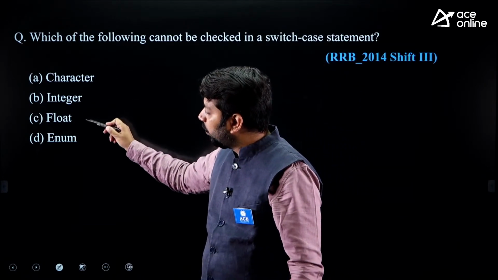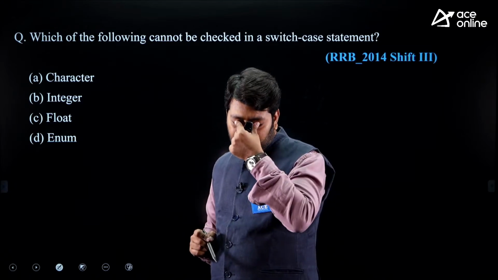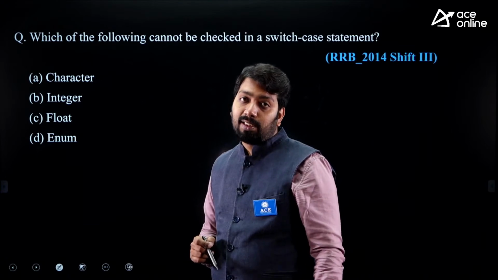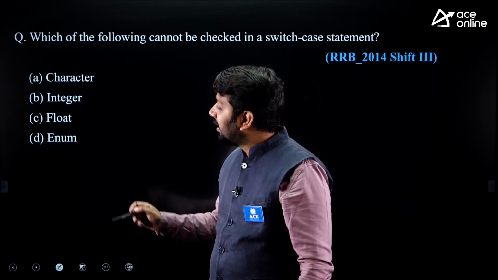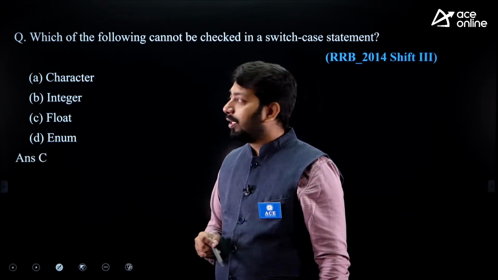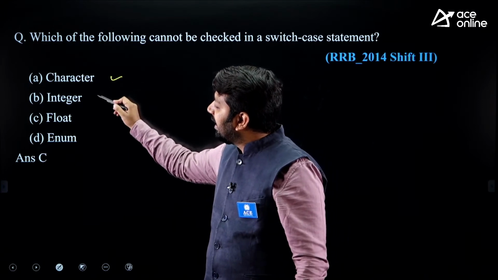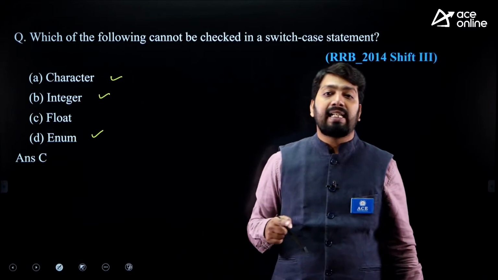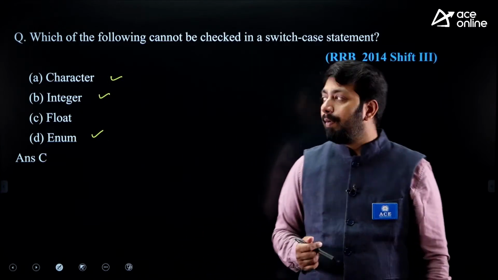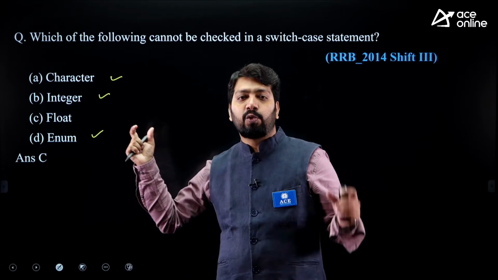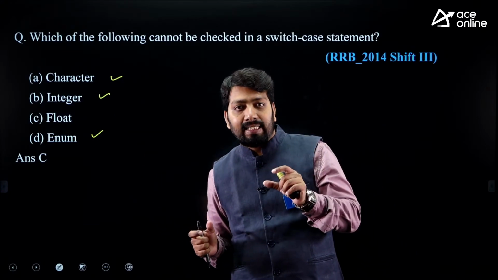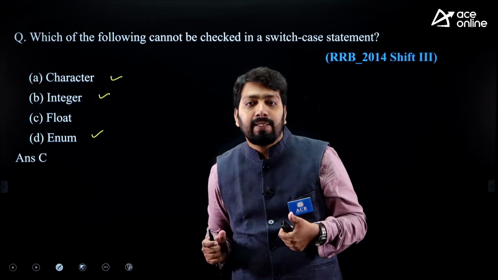So which of the following cannot be checked in the switch case statement? Character, integer, float, enum. Now you might be thinking only integer can be checked in the switch, so the answer should be integer. No, the answer is float. Character, integer and enum are all integral data types. Character is associated with the ASCII value, and ASCII value is nothing but an integer.